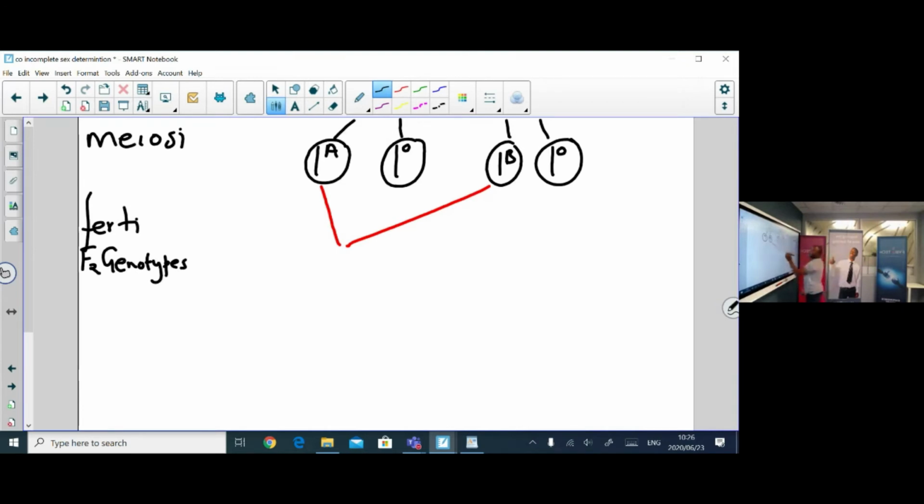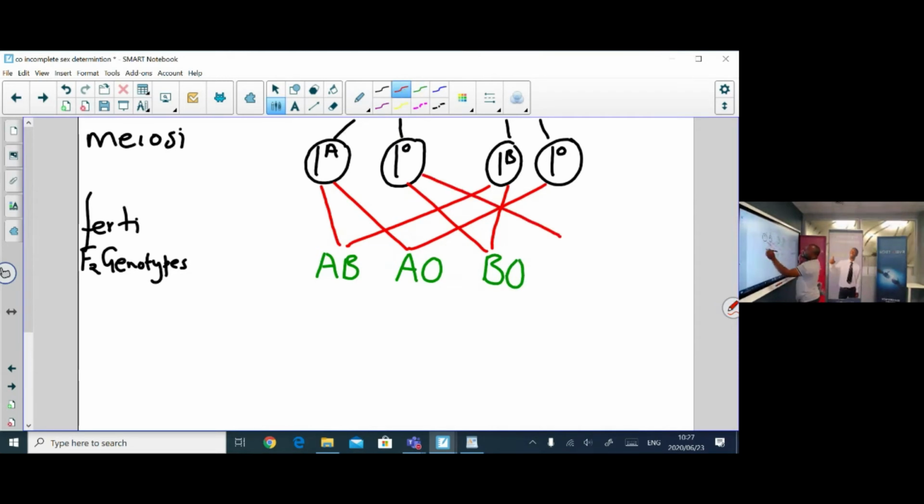So this one and this one will give me A and B. And this one will give me A and O. This one and this one would give me B and O. This and this would give me O.